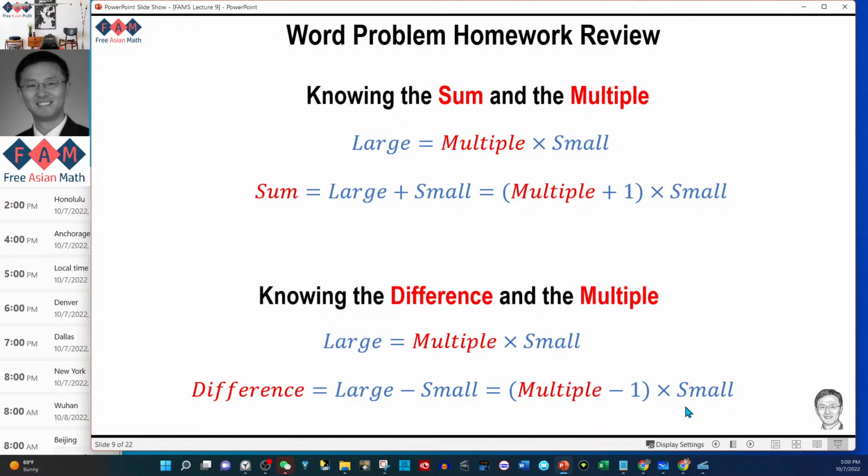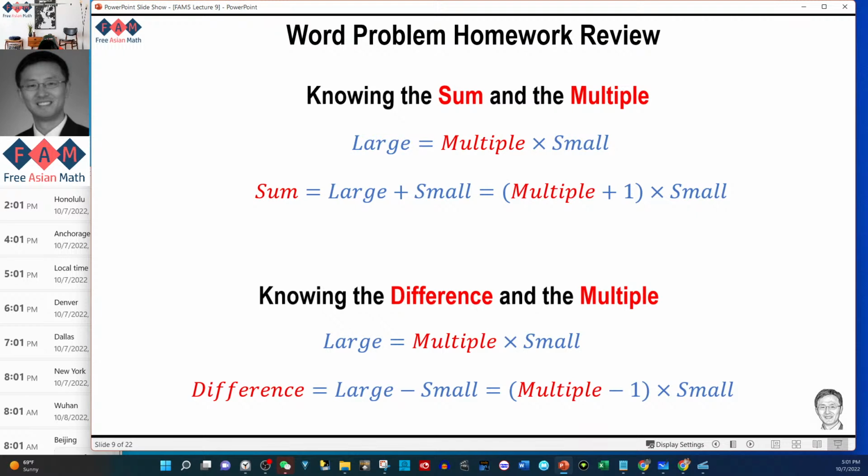But how many multiples? It is the original large number's multiple subtracting 1. This multiple in red represents the large number, and this subtracting 1 is just the small number itself. That's why you subtract 1. This is the so-called difference multiple relationship.